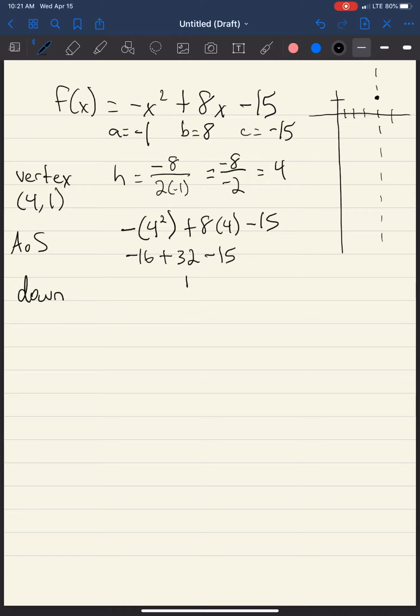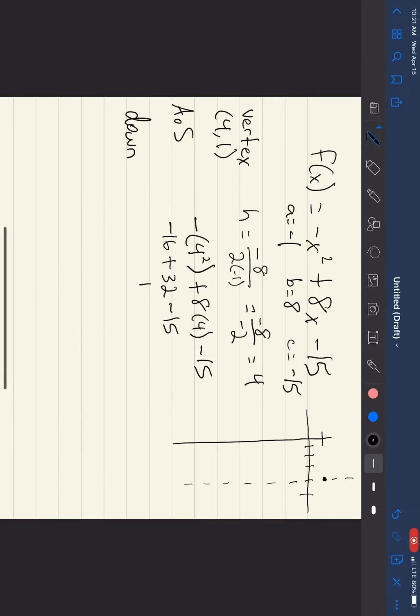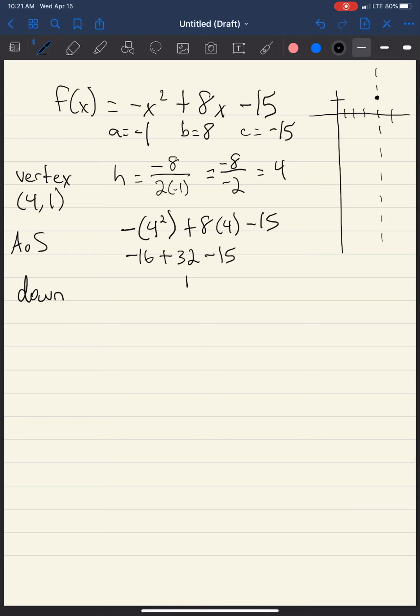And if it's facing down, we have to decide, are we going to have a minimum or a maximum? And if it's going down, that means we're going to have a maximum. And we said the maximum is at k. So we see here, our k is equal to 1. So it's down with its maximum at 1.